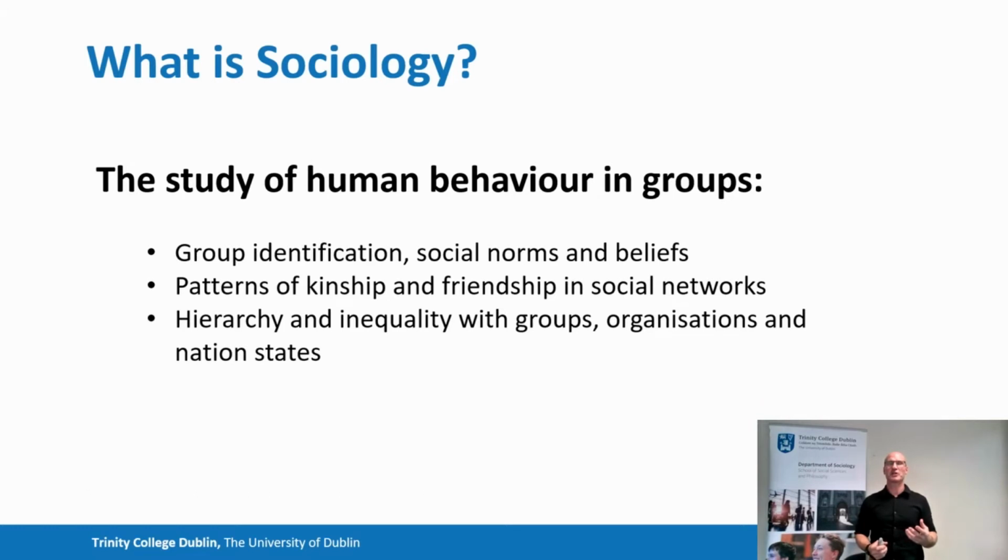Lastly, sociologists spend a lot of time looking at patterns of stratification and hierarchy in social groups, the inequality within social groups and organisations. Some of those organisations are going to be larger than others, and we're particularly interested, for example, in the way that inequalities in populations lead to differential levels of life chances, to power and resources within, say, nation states and countries. All of these are dimensions of human behaviour in groups that sociologists will study.